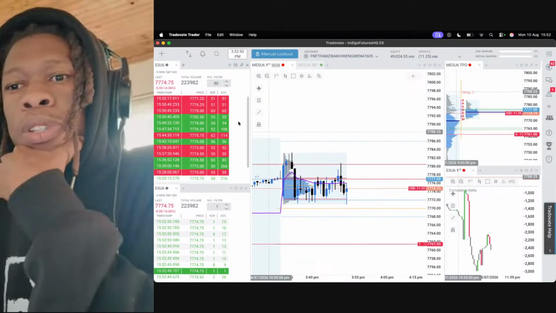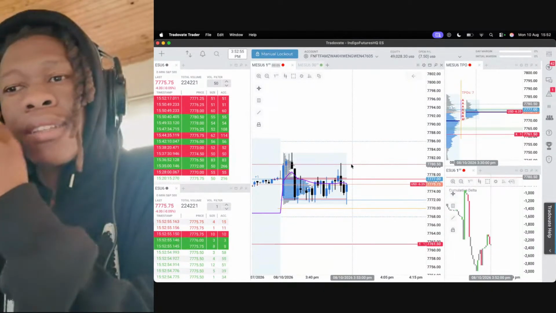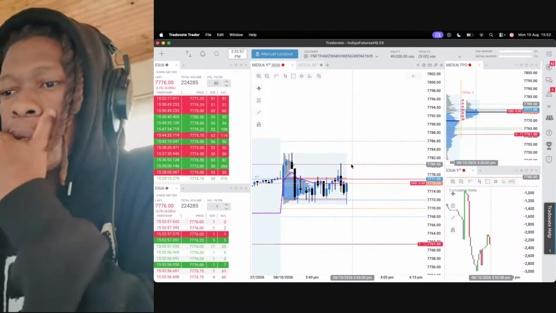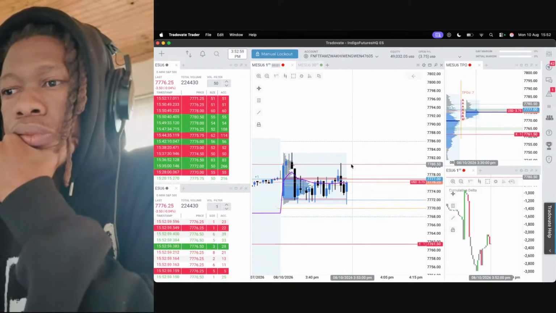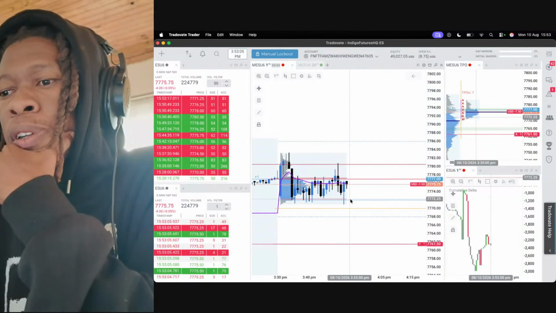But yeah, we do have buys at 780.50, so that's right at the point of control. Let's see, the overnight point of control held.